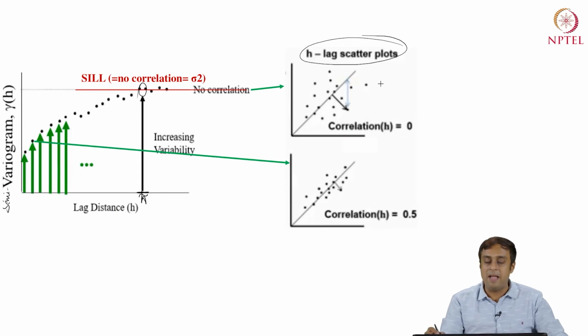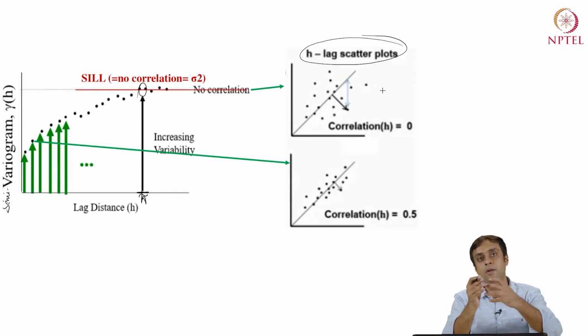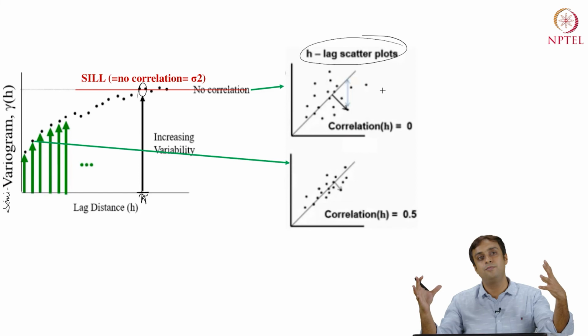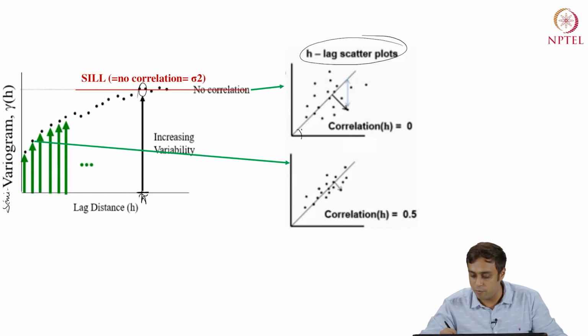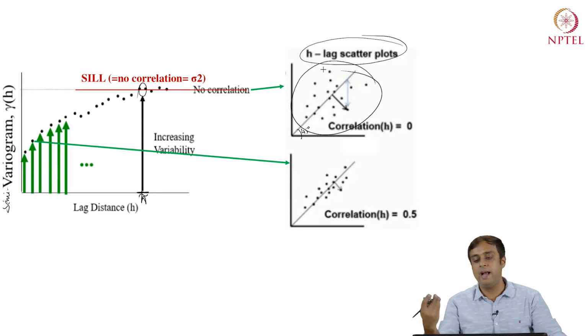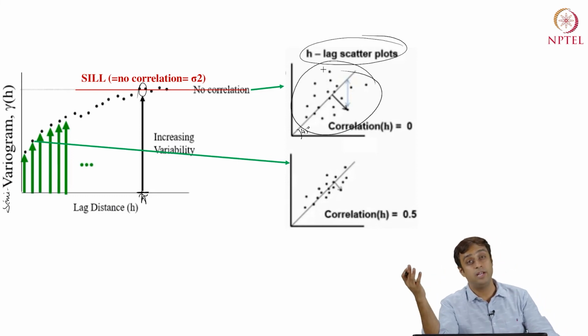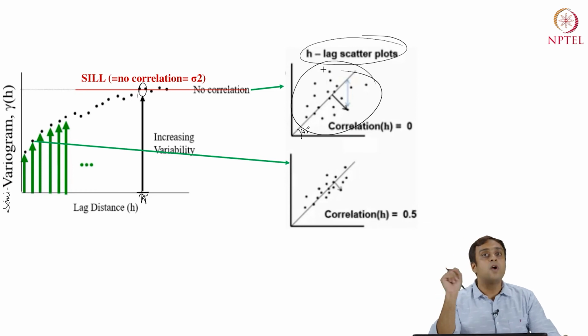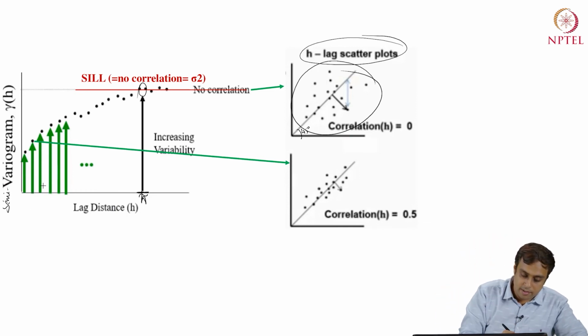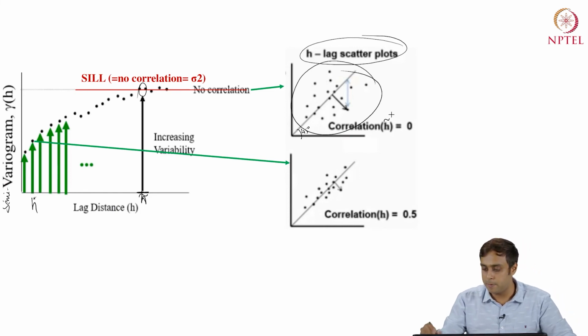Hence, the bivariate scatter plot will be scattered to a large extent around the 45-degree line. That is a representation that perhaps there is no correlation in these data at that H value. But what if we were to look at this at a different H, let us call it H star.